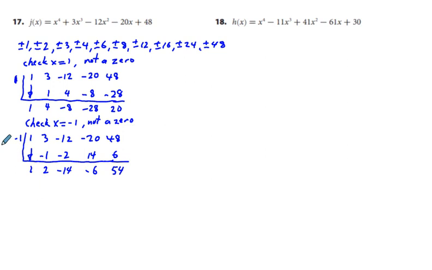Okay, next we're going to check x equals 2. We bring this down, so we'll put 2 here, and then 1, 3, negative 12, negative 20, and 48.